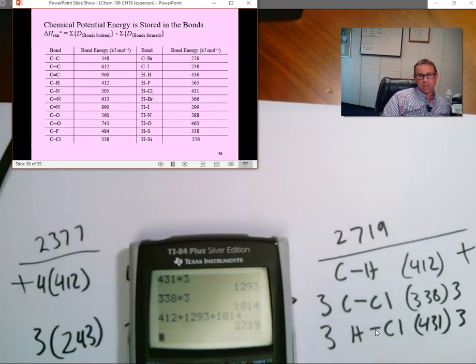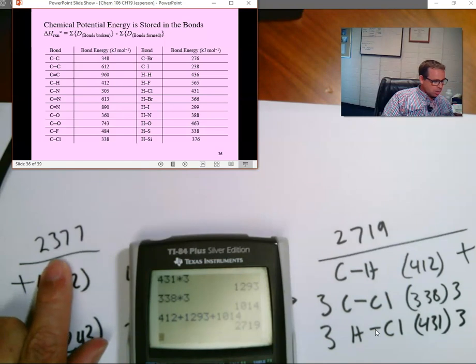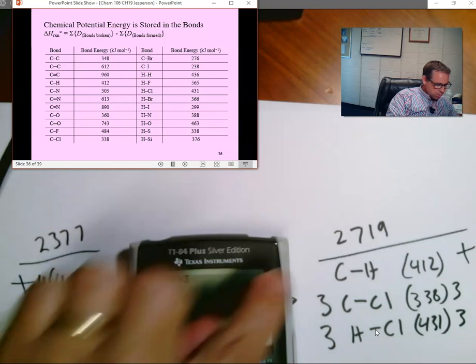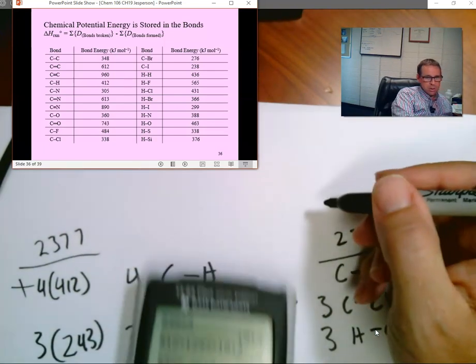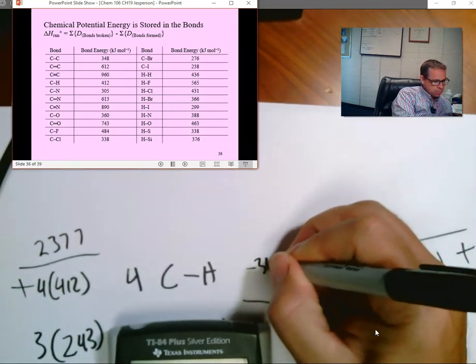Our change in energy should be a negative value, right? So we take our reactants here, 2,377 minus our 2,719, and the result is our negative 342.